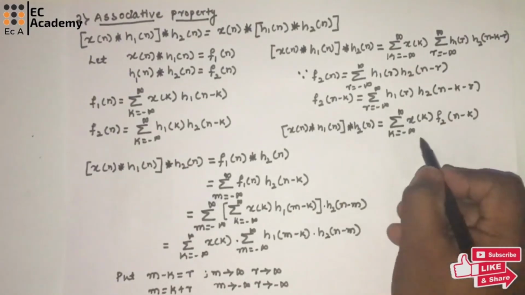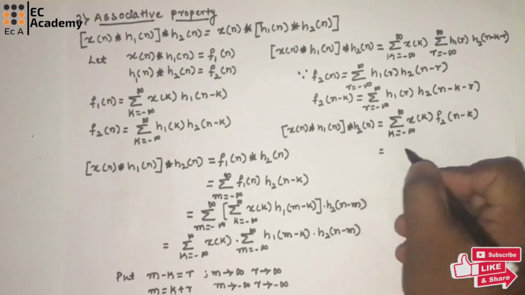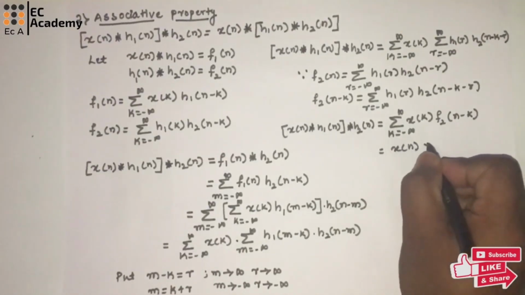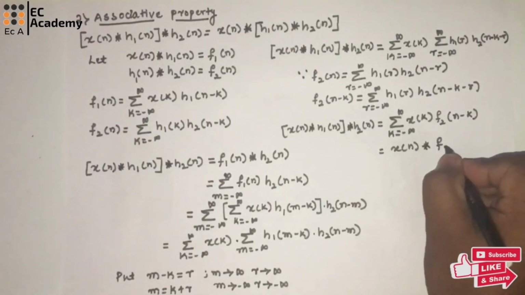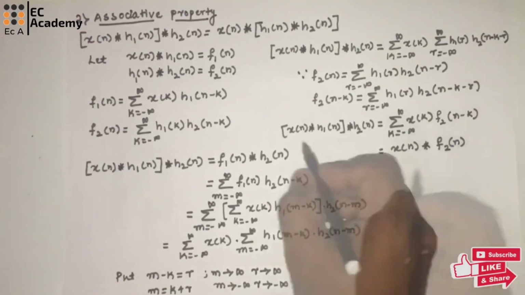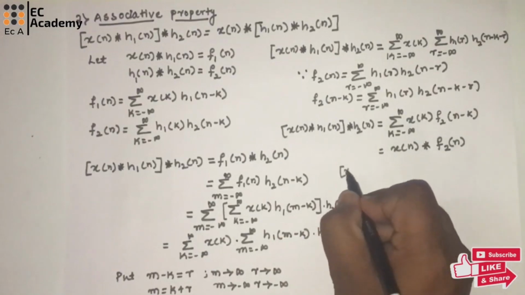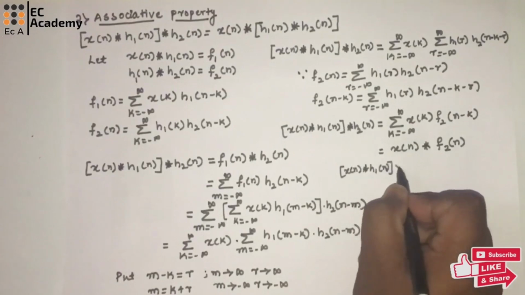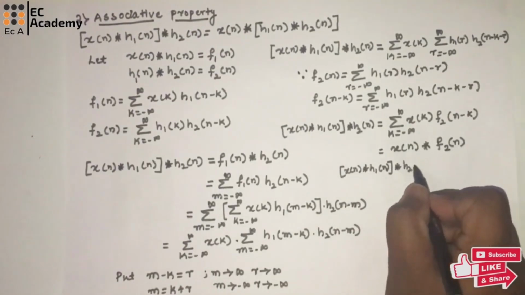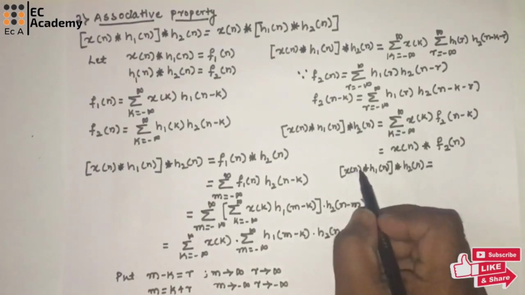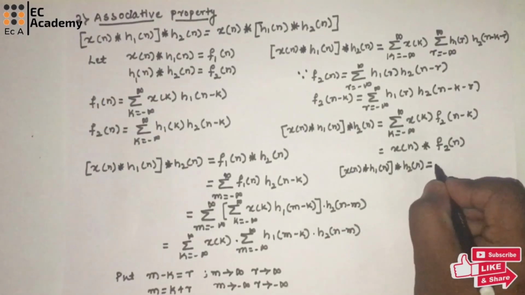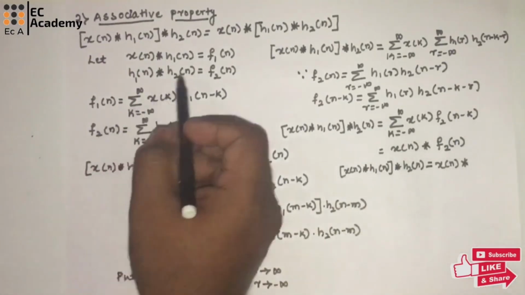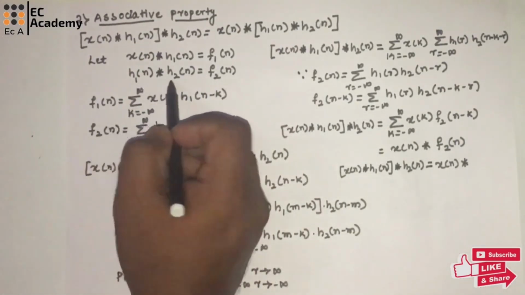So using the formula of convolution sum, we can write this equation as x of n convoluted with f2 of n. So we can write this equation as x of n star h1 of n star h2 of n is equal to, you can see x of n we can write as it is, star f2 of n is nothing but h1 of n star h2 of n.